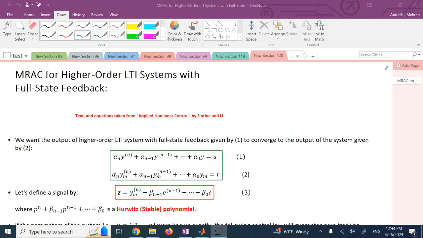and now it is time to go to higher order systems of arbitrary order n, where the ODE governing the system is given by equation 1, the nth derivative of y with respect to time plus all the way to a naught times y equals u, where u is the input of the system.